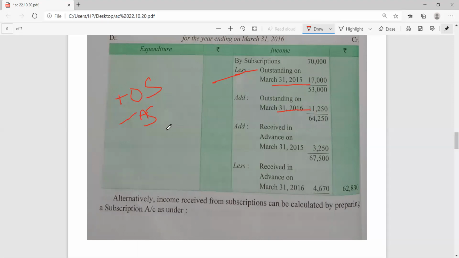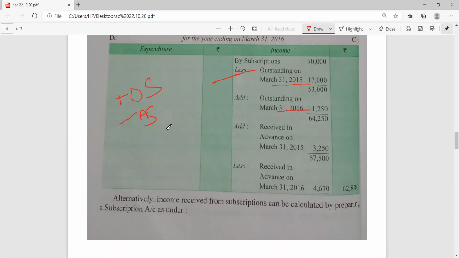Why are we doing the reverse treatment of the beginning? Because by putting the plus and minus, we will get whatever the outstanding is for the year. For that particular year, out of the opening and closing balance, you will get the outstanding for the year.